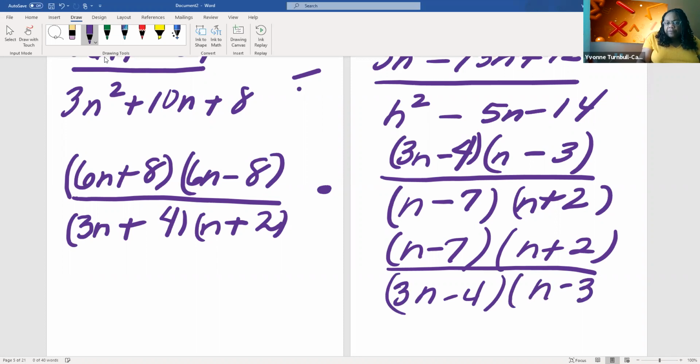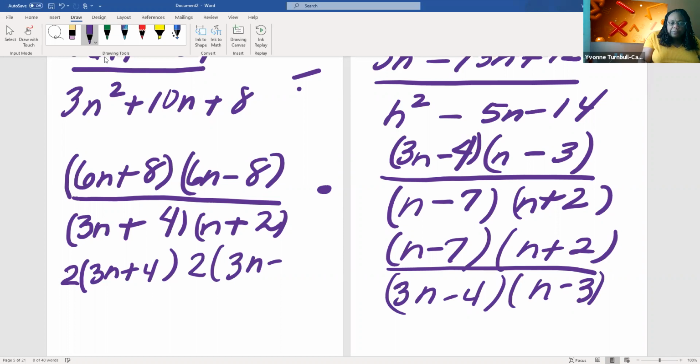So I just flip right here. That's my flip. Now here, I can factor some more. Out a 2, leaving me with 3n plus 4. I can also take out a 2 here, leaving me with 3n minus 4.